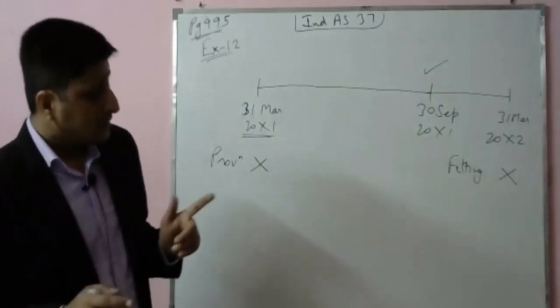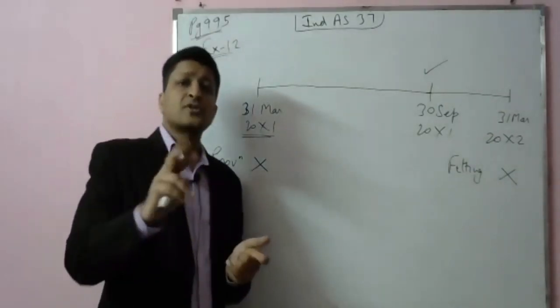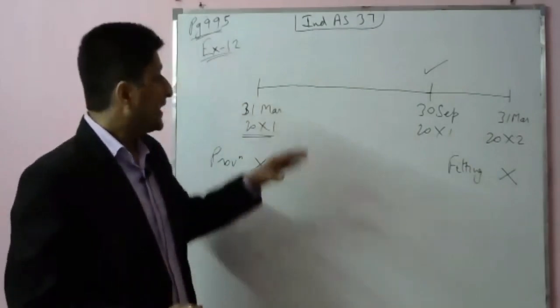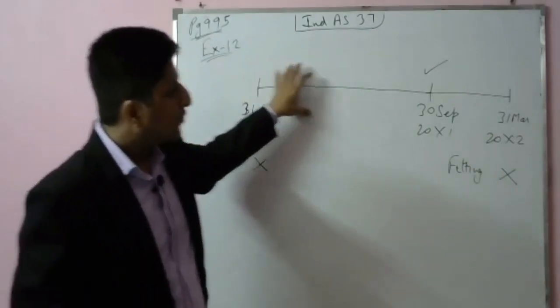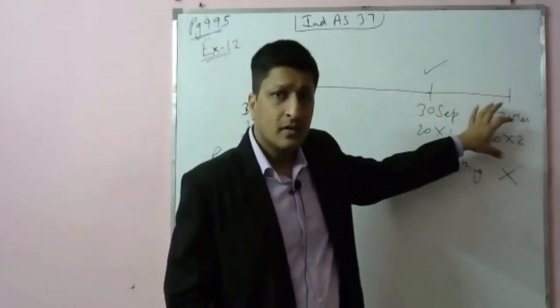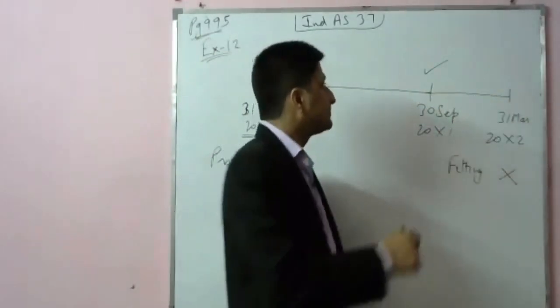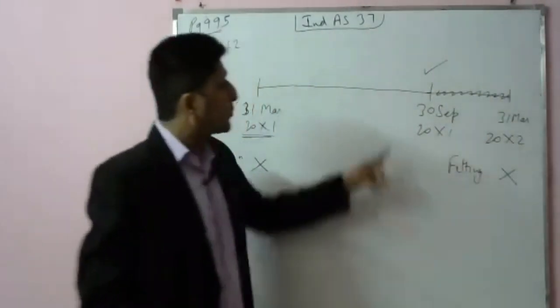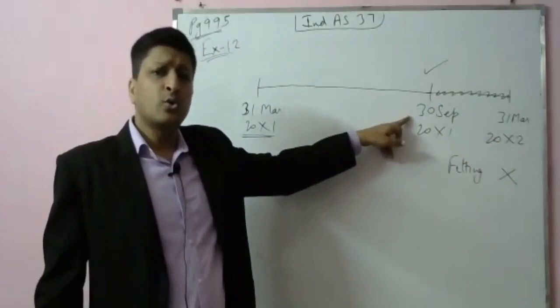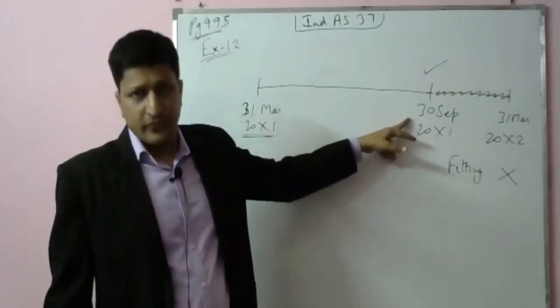Why? Because there were two options to the company: either to shut operations for this entire period, because up to this date it was allowed to continue without fitting the smoke filters.